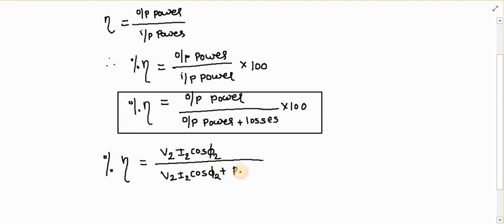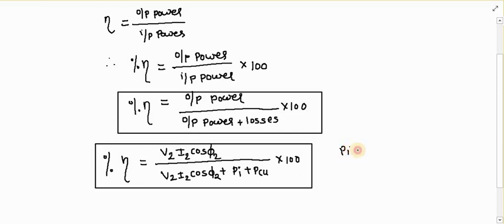What are the two losses? Iron loss and the copper loss. Let us denote the iron loss by Pi and the copper loss by PCU, into 100.